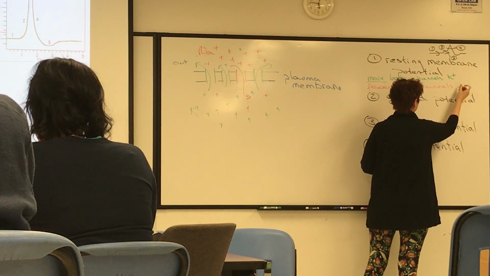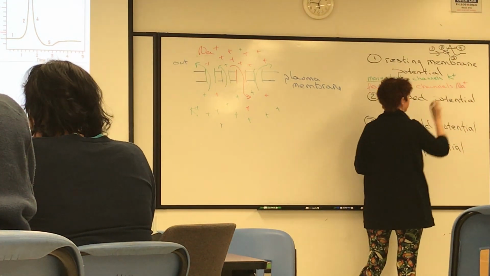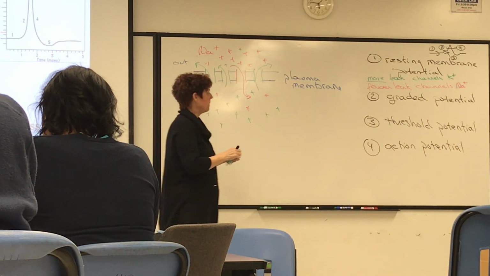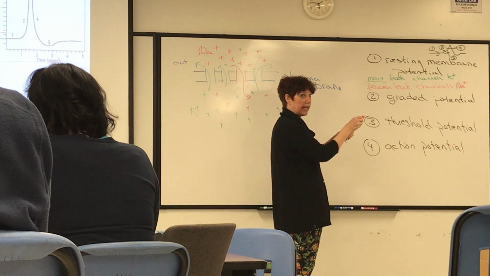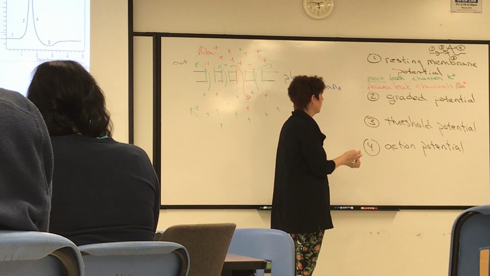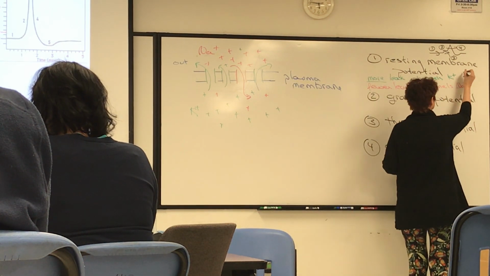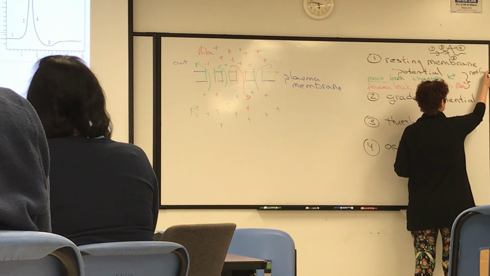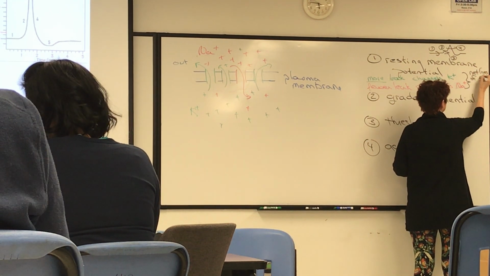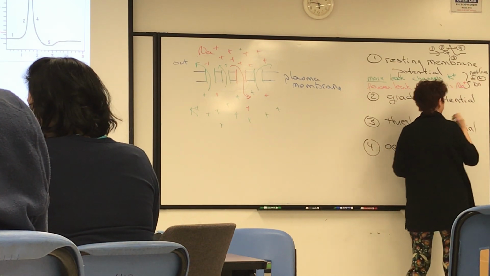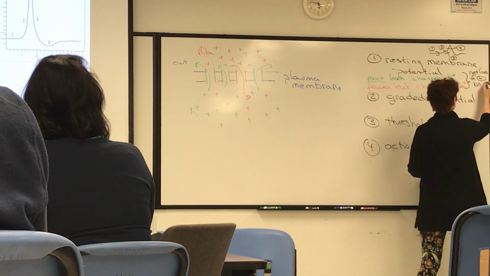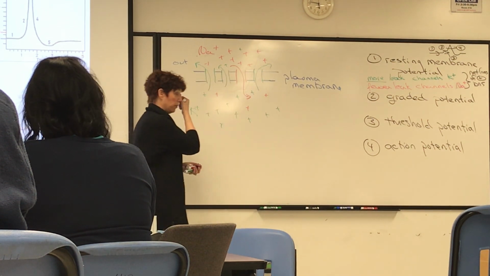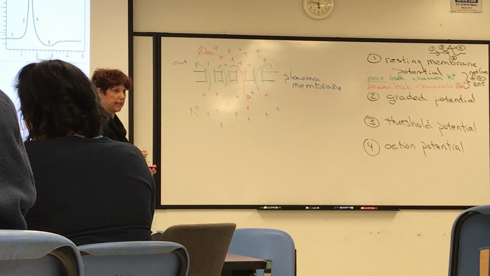So the cell is more permeable to potassium, which is going out, than it is to sodium, which is coming in. So this means we have a net loss of positive ions, okay? So that's one of the three reasons for why we have fewer positive ions inside the cell than we have outside the cell.